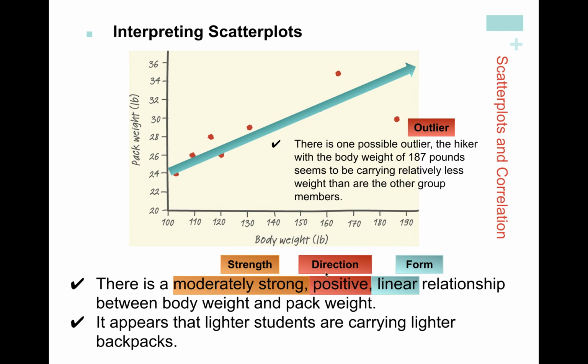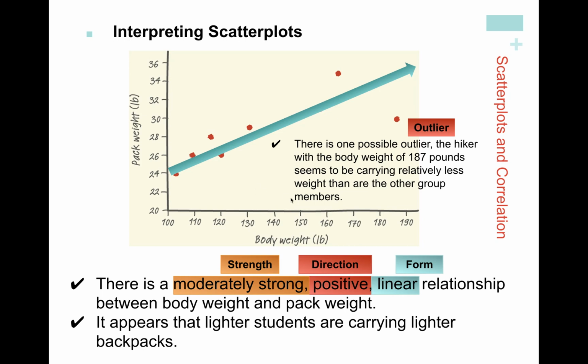With direction, it's positive or negative. With strength, there's moderately strong, strong, moderately weak, and weak. And that is just how close the dots are to the predicted model, whether it's curved or linear.